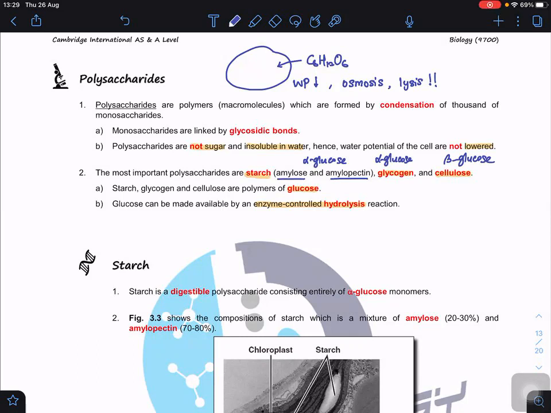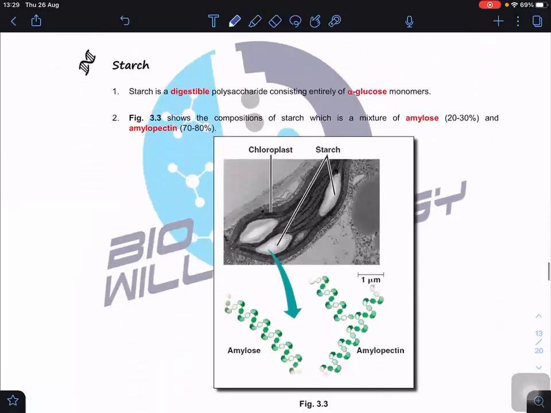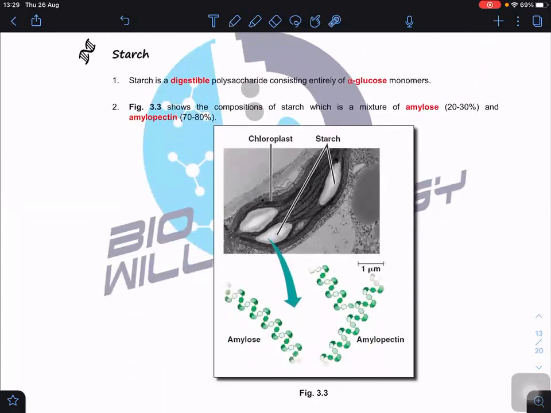Okay, so we're going to start with the first part, which is starch. When we talk about starch being digestible, it means that we have the enzyme, for example amylase, and starch consists entirely of alpha glucose molecules. So they only have alpha glucose. When we talk about starch, it is a mixture of amylose and amylopectin.